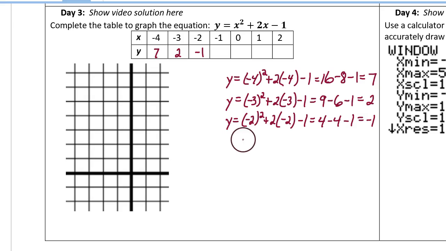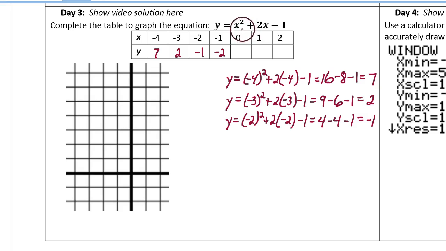Now, instead of writing out full lines of work like this every time you substitute in, you definitely want to try to do this in your head. So -1 squared makes 1. Remember that. In this spot, 2 times -1 is -2. So we have 1 and -2, which makes -1, and then -1 is -2.